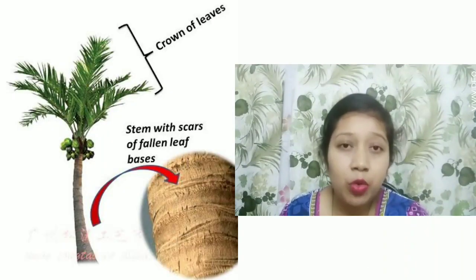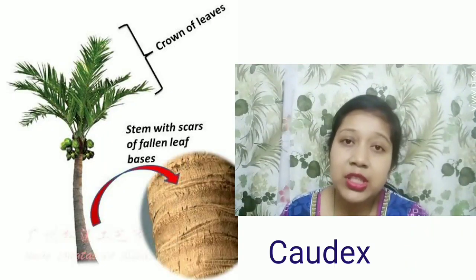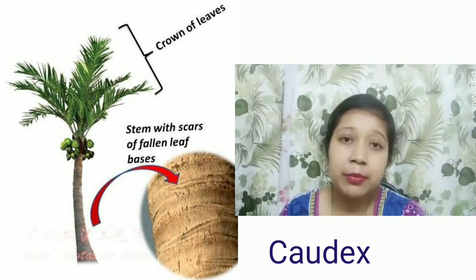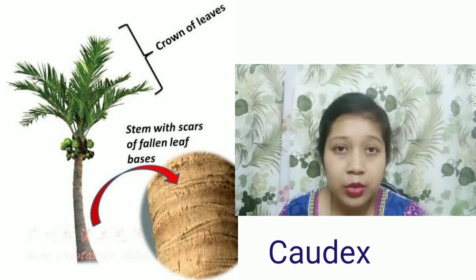And lastly comes the caudex. So caudex is found in case of the palm tree or betel nut tree. All these are called caudex, where they do not have much branching, but right at the tip, the leaves form a crown.